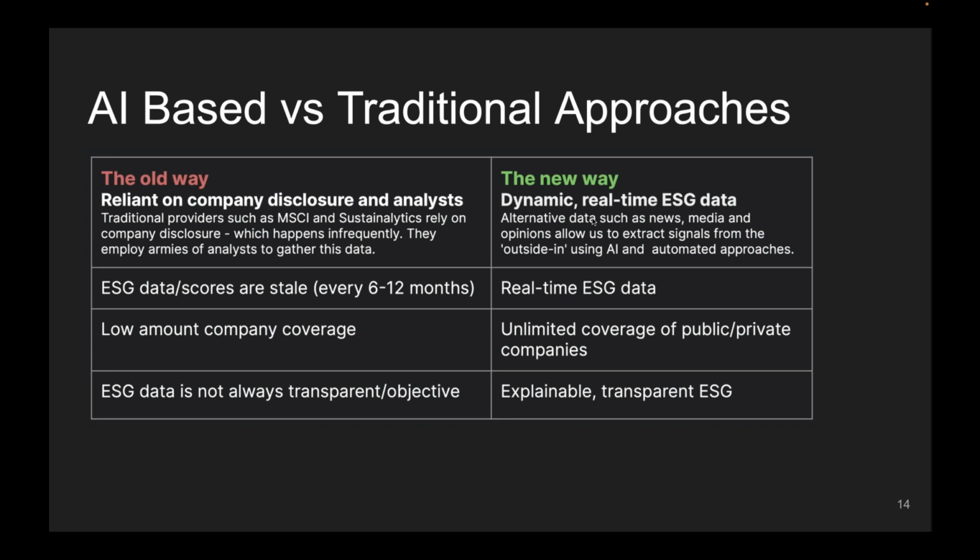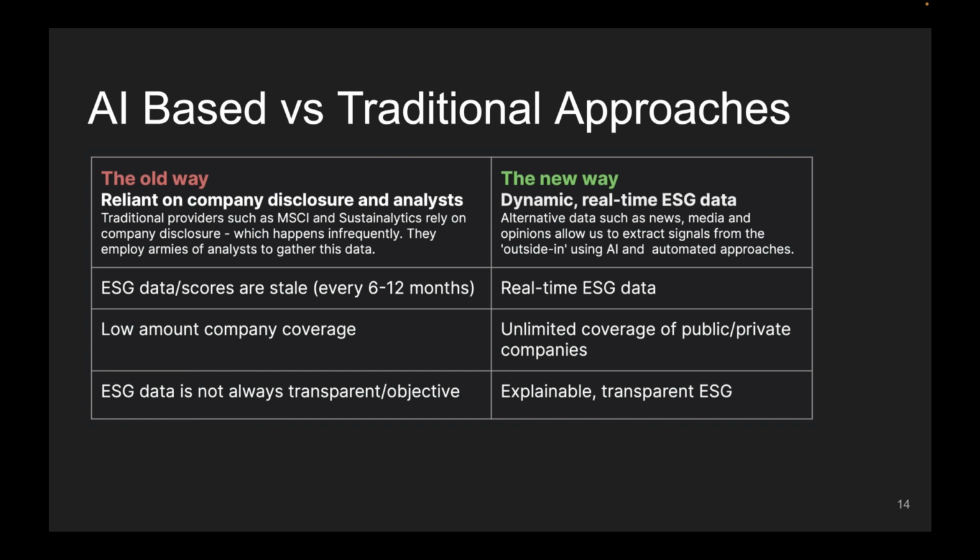If we're looking at AI-based approaches, which we'll talk about shortly, we can actually change these things at every metric. We can have real-time data because we use alternative data that exists in the public ecosystem. Because we're now using machines, we can look at an unlimited set of coverage, which can be quite powerful.